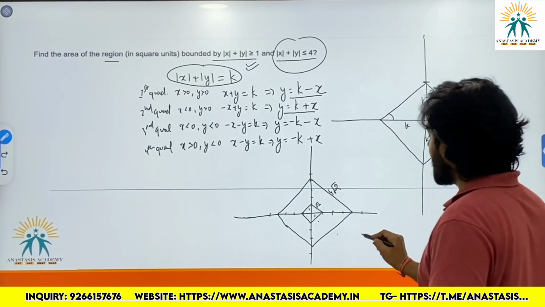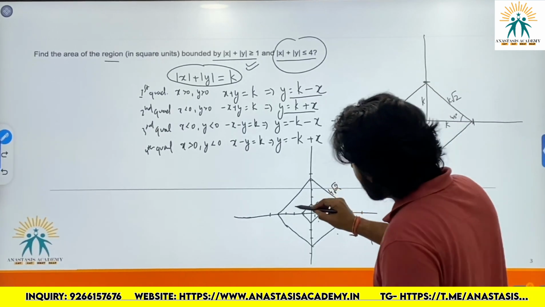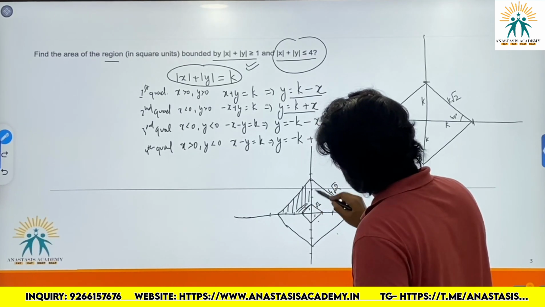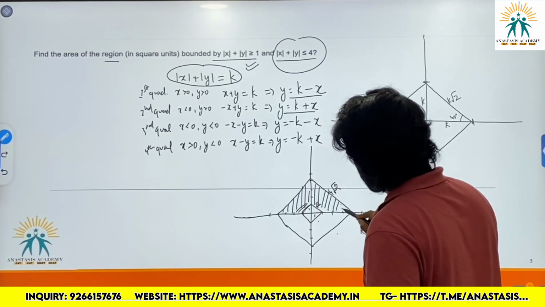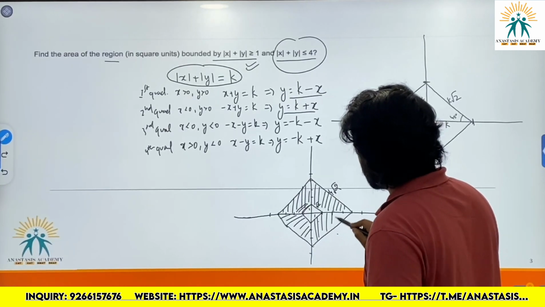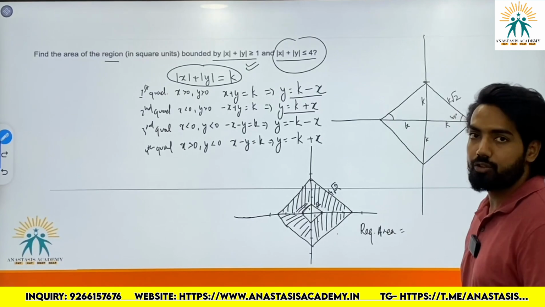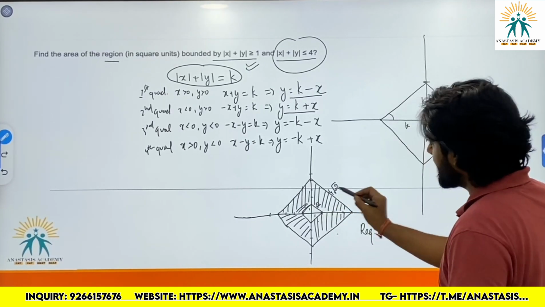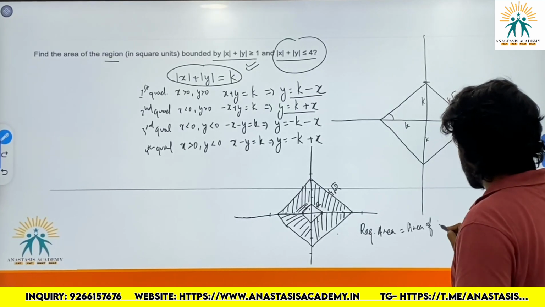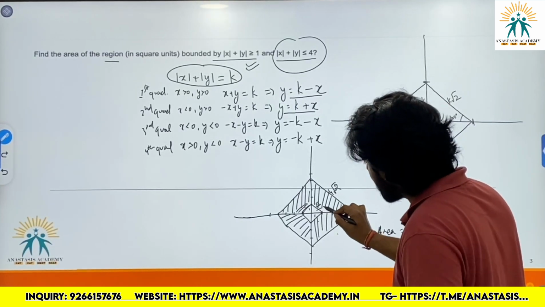So the required area is nothing but the area bounded by these curves, that is this area, or we can say that I have to find the area between these two squares. I can easily find this area by subtracting the area of squares.